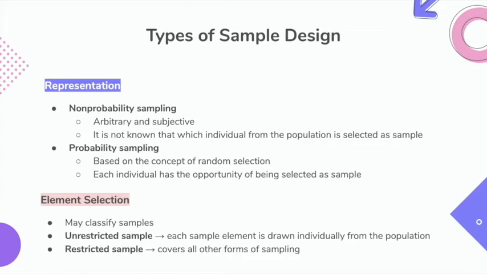Then the second approach is element selection. It may classify samples. If each sample element is drawn individually from the population at large, it is called an unrestricted sample, while the restricted sample covers all the other forms of sampling.